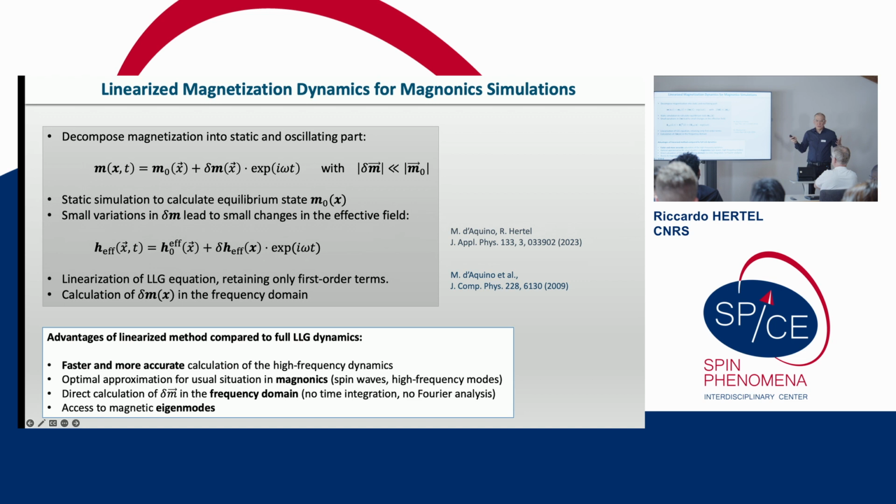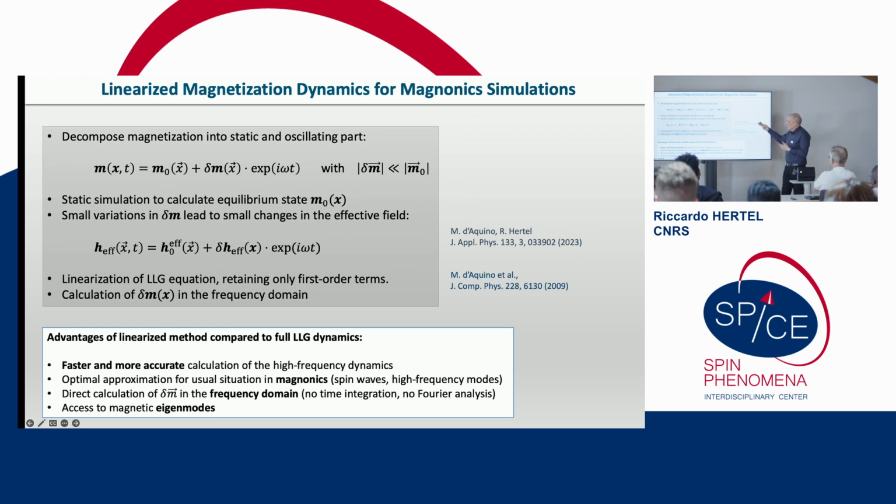These are the situations that you encounter when you're dealing with Magnonic systems where the magnetization oscillates around an equilibrium. So you don't need to do a full, say, first principles calculation of the magnetic structure, but it's sufficient to account for small oscillations. And you can also assume that they are harmonic in time, and that they will lead to a variation of the effective field which has the same frequency.